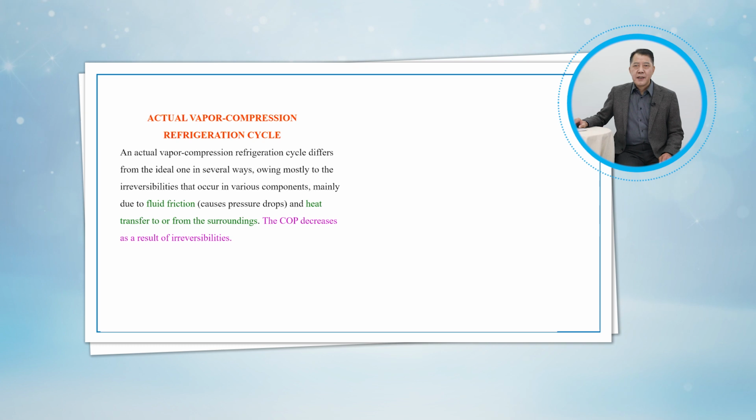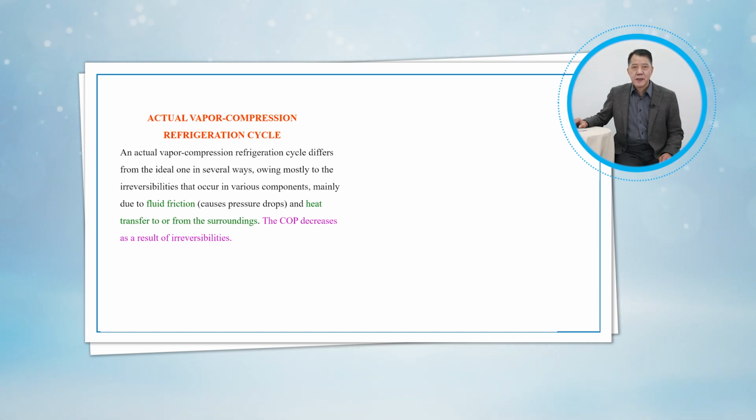Now let's talk about the actual vapor compression refrigeration cycle. An actual vapor compression refrigeration cycle differs from the ideal one in several ways, owing mostly to the irreversibilities that occur in various components, mainly due to fluid friction and heat transfer to or from the surroundings.